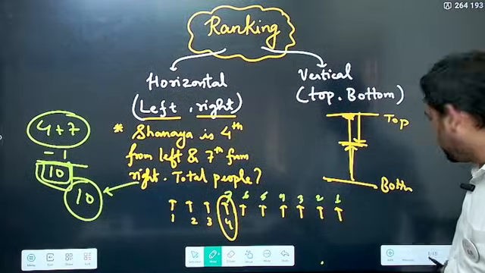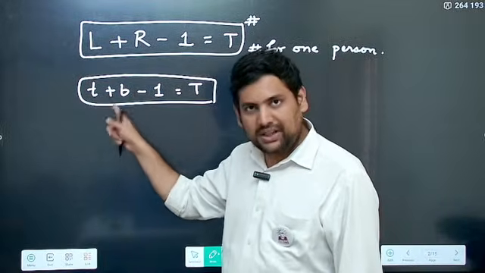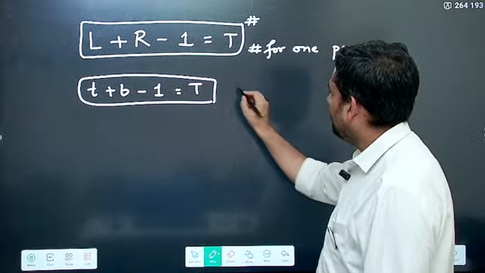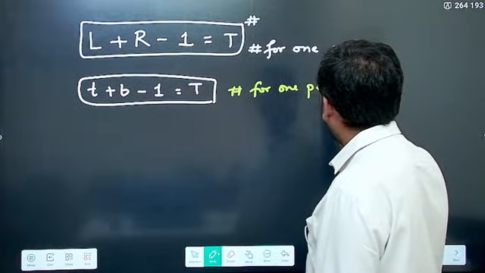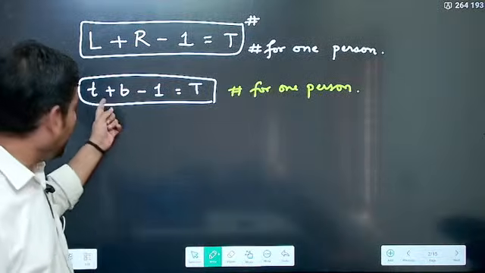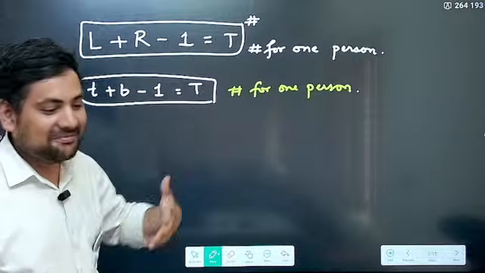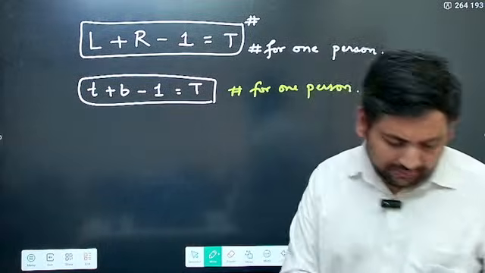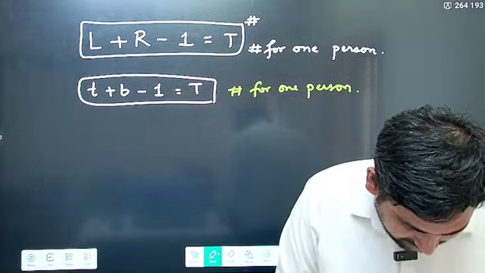Whatever is the rank of one person from the top plus from the bottom minus 1 will give you the total number of people in the row. This is again for one person. Of course, you cannot take the top ranking of Ram and then the bottom ranking of Shyam and get the total. It is very simple, but anyway, I have written this. So this is the basic or the first core formula. Now let's do questions based on it.